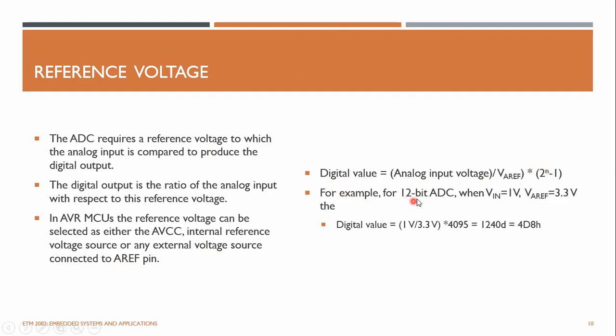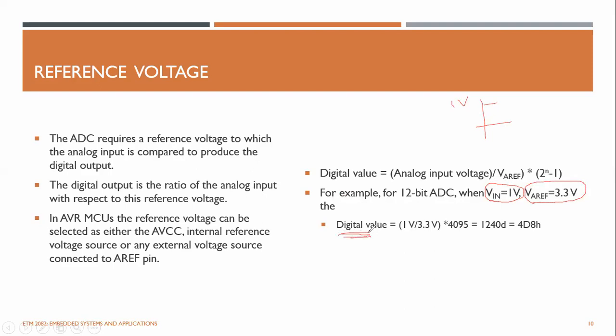For example, if you take a 12-bit ADC, it will generate a 12-bit digital value. If your input signal, the analog voltage signal, is 1 volt, and your reference voltage is 3.3, what is the digital value?